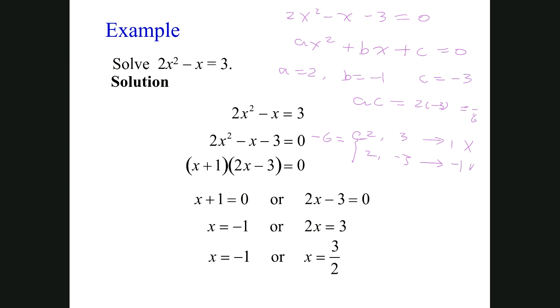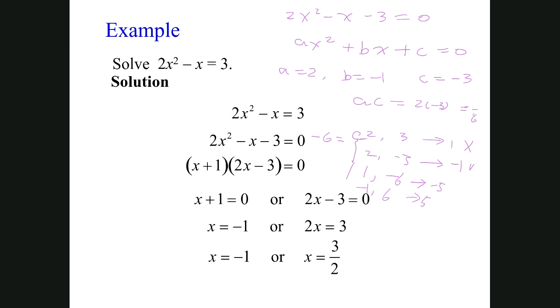And when you factor this one right here, actually you can also factor 1 and negative 6 or negative 1 and 6. Remember when you factor this one, don't forget the 1 and itself. So these two add up together will be negative 5. These two add up together will be 5. So none of these is equal to negative 1 except this one right here. So that means I'm going to break down the middle term into this one.